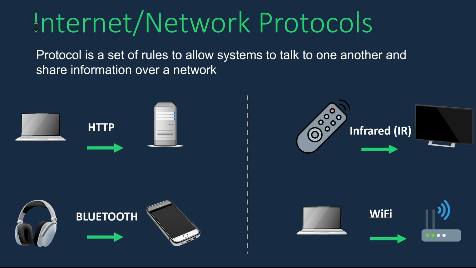For the sake of comparison, I have different types of protocols, but we are going to focus on one. This is just a comparison so that you have a general understanding. A protocol is basically a set of rules that allow one system to talk to another system and share information or data over a network. This can be over the internet, or over a local network.